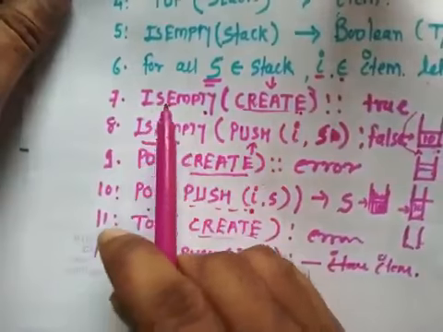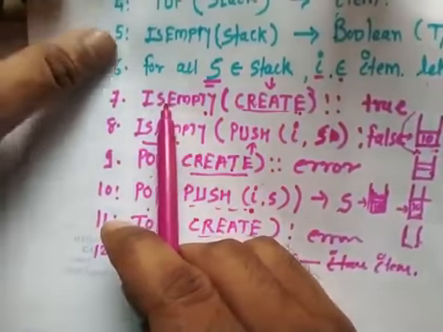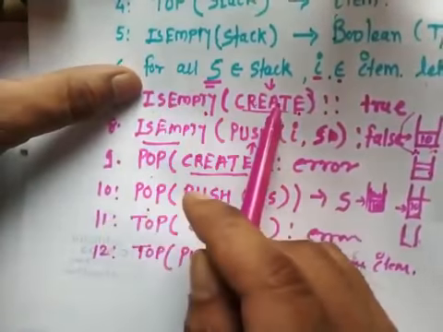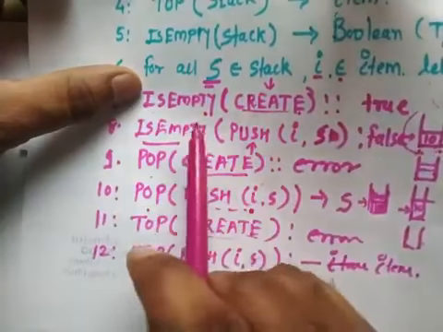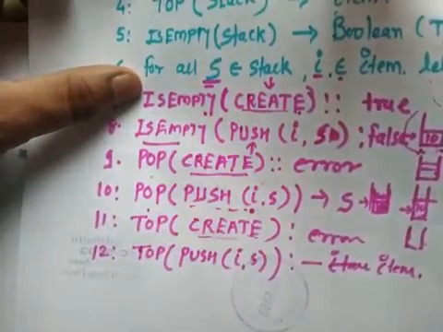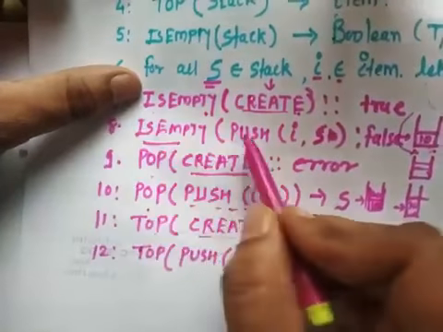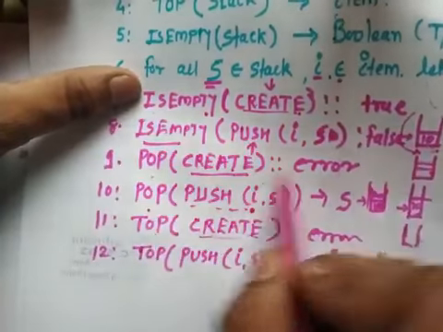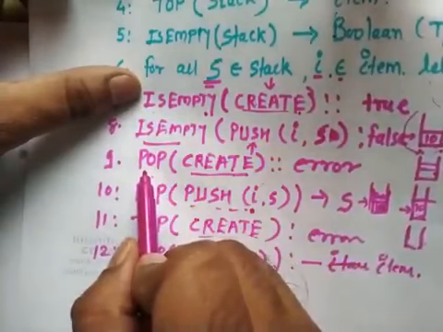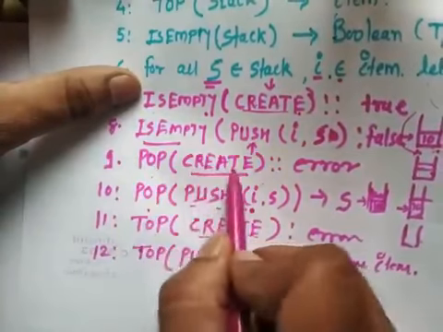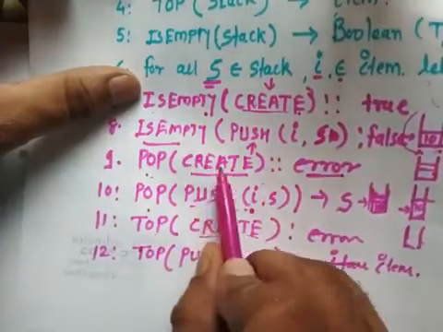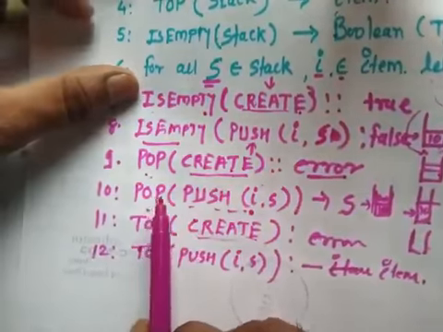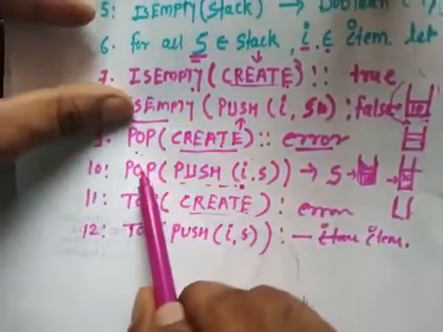So what rules did I define? If I pass the create function to is empty, it returns true. If I pass the push function to is empty, it returns false. If I pass the create function to pop, it throws an error since that stack is empty, so we cannot pop an element from the stack.